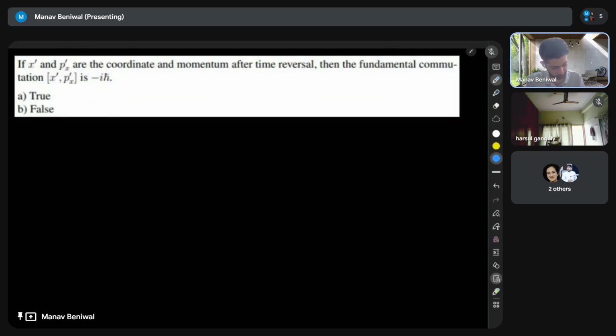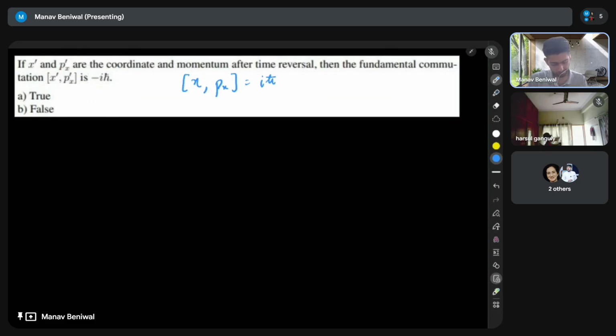First of all, what is the fundamental commutation before time reversal? x comma px gives just i h cut. We don't have any minus sign here. So the question is asking whether, if we apply time reversal, we will get a minus sign or not.